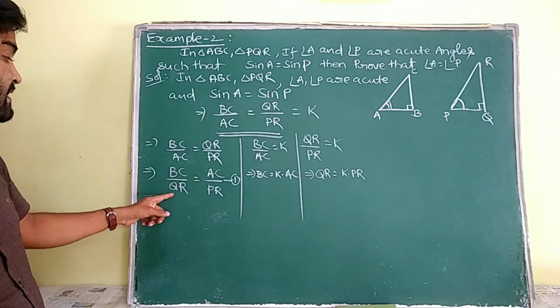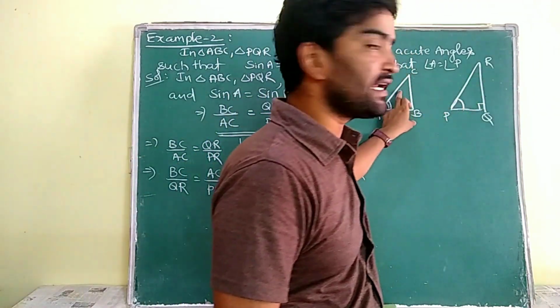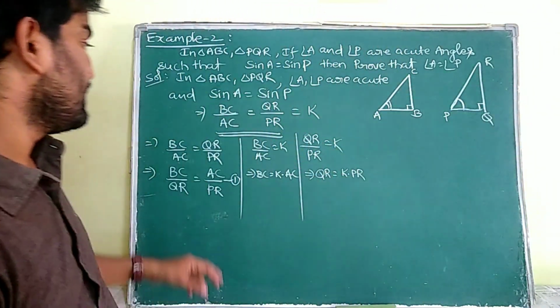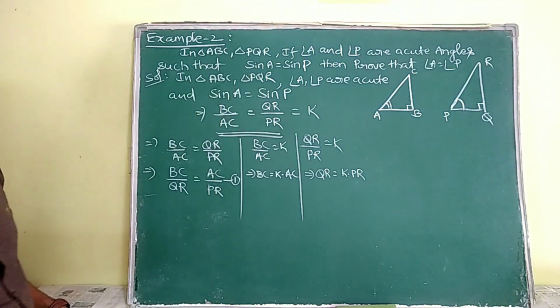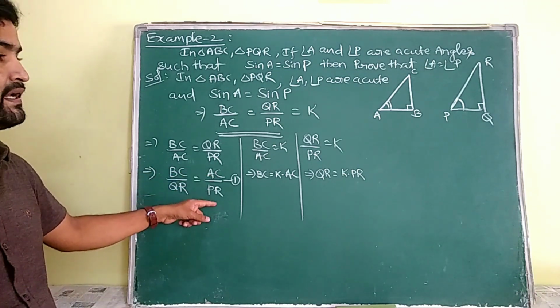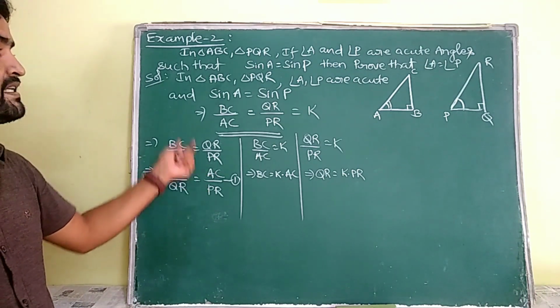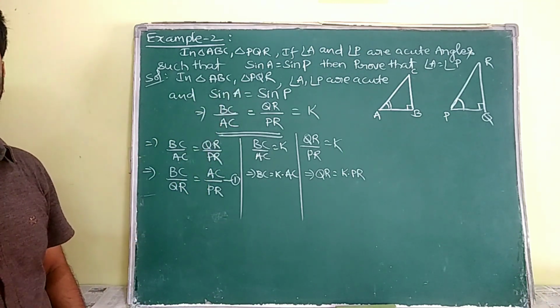See, BC by QR, that means the ratio of the corresponding sides, is equal to AC by PR. Now listen, if this BC by QR is equal to AC by PR and this is equal to AB by PQ, then these two triangles become similar.